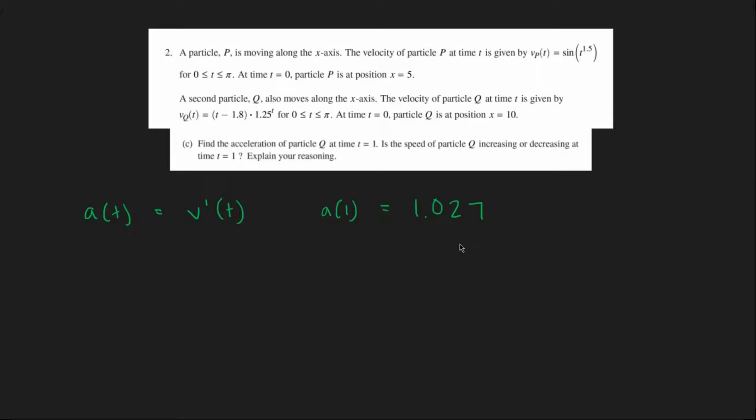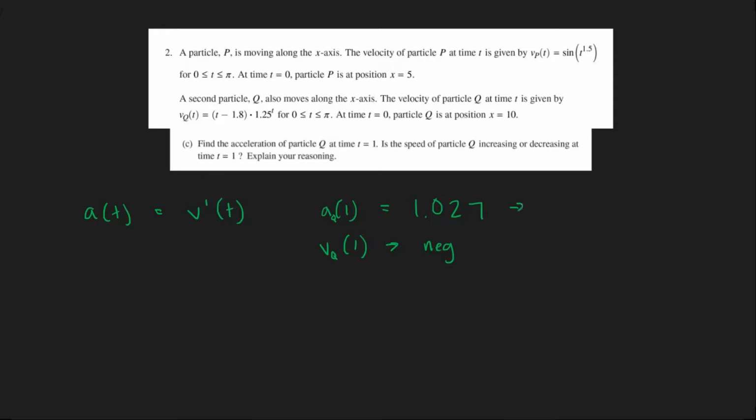So what I mean by this is if we take a look at the velocity of particle q, and let me write q up here too, just so we can be really specific in our answer. So our velocity at t equals 1 was actually negative. It was negative, right?